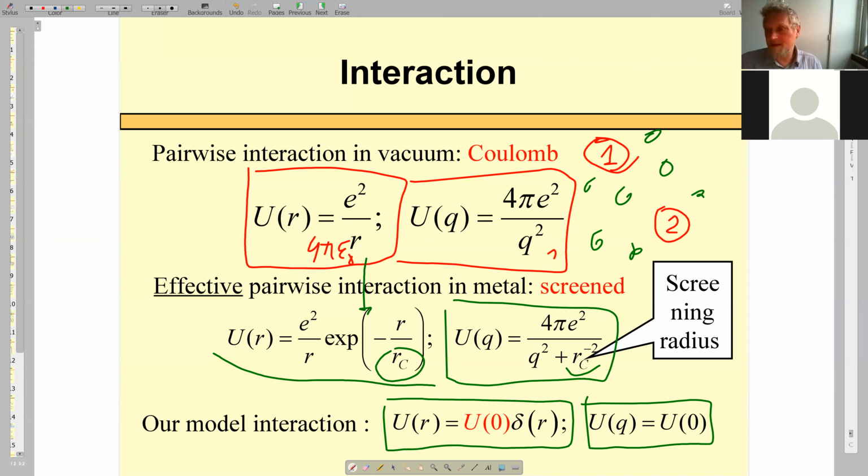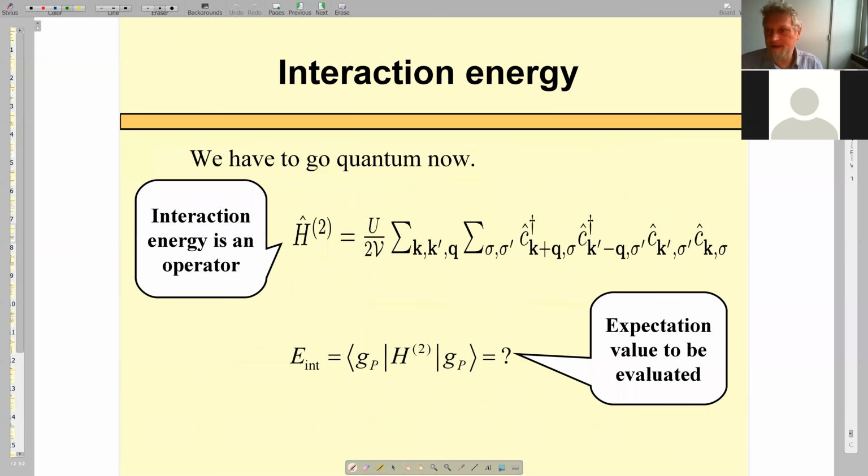Right, good. So how do we write the interaction Hamiltonian? Just go to the previous lecture and get it from there. You do remember there are 2 particles. Let me draw it as I did before. 2 particles to be annihilated with k prime and k, and in principle with different spins.